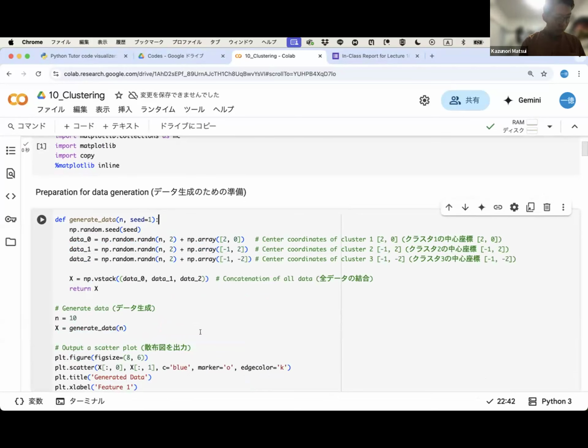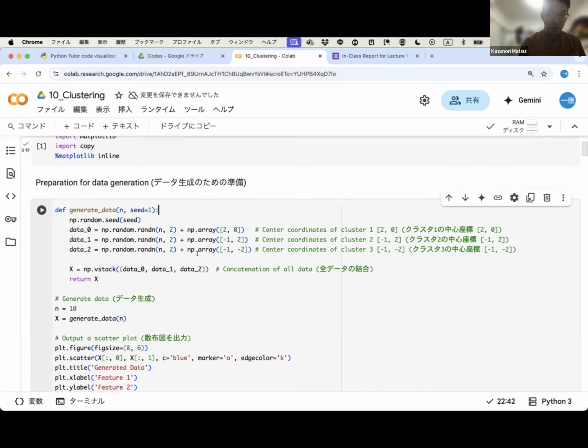Here we generate data with three clusters. We create a scatter plot centered around cluster 1's center coordinate, cluster 2's center coordinate -1, 2, and cluster 3's center coordinate -2, and combine them to make the data.